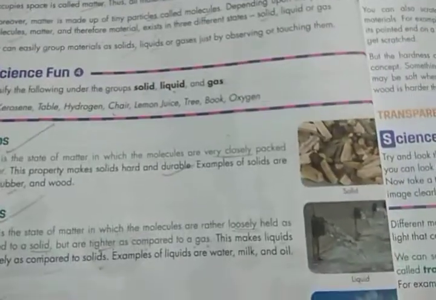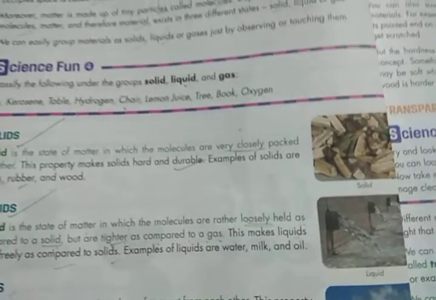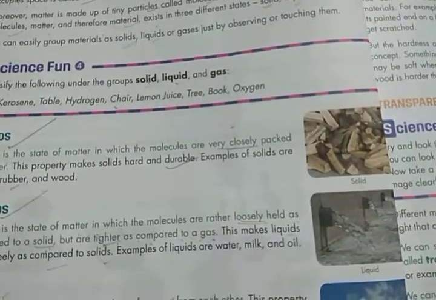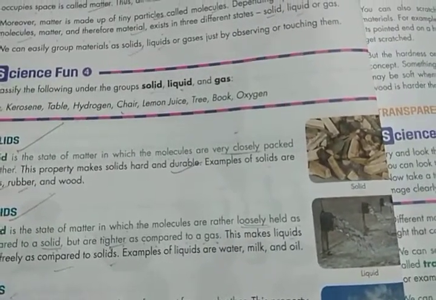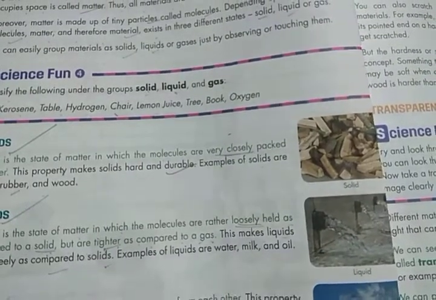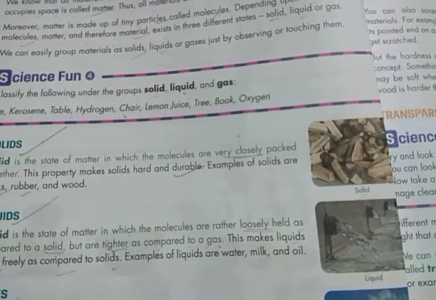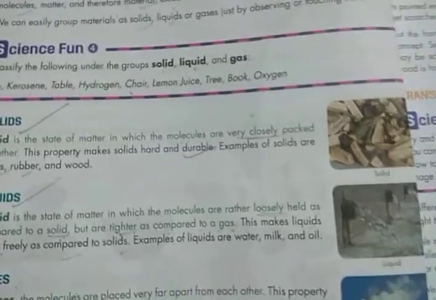But in gases, molecules are placed very far apart from each other. This property makes gases very fluid and they can occupy any space. Examples of gases are oxygen, carbon dioxide, and steam. Okay. Next point, hardness.